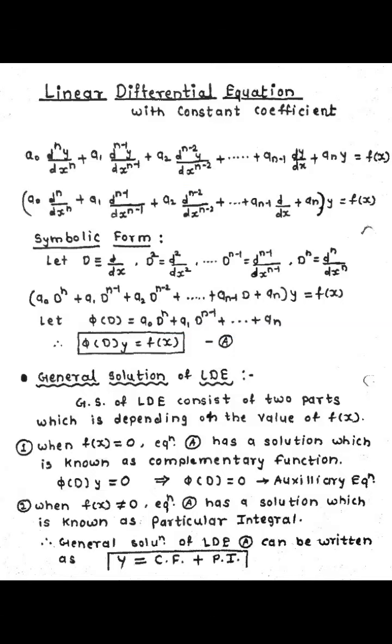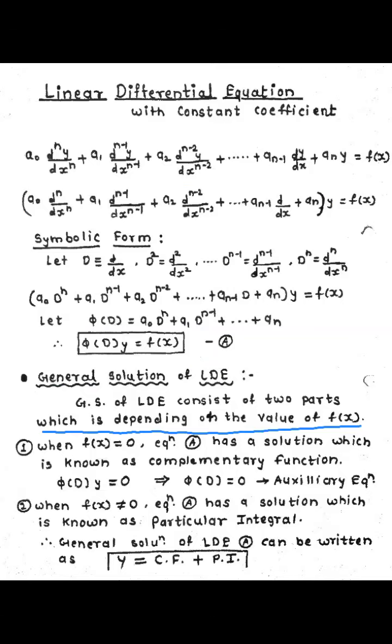So students, if you remember this formula, then it is easy to understand how to find the solution. Our main purpose in this video is to find the solution, that is, the value of y. The general solution of LDE, the GS, consists of two parts, depending on the value of f of x.